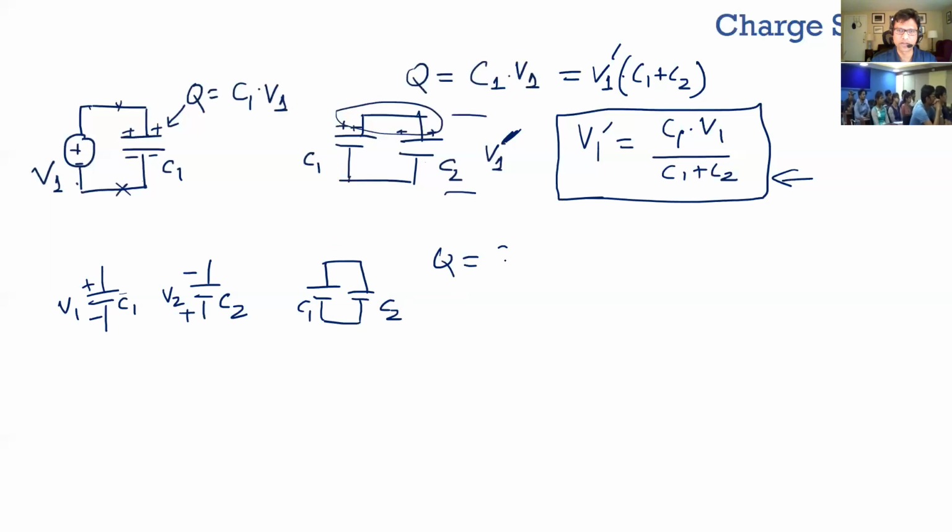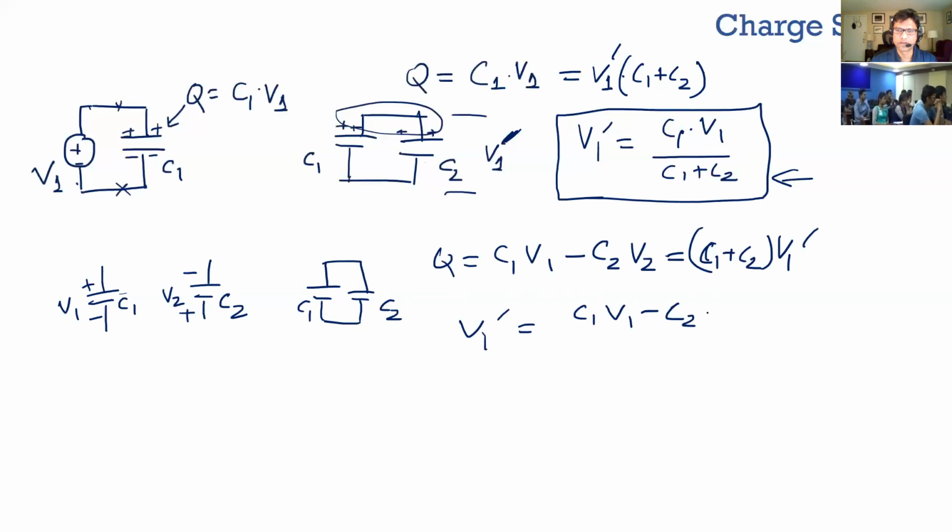Q is C1 V1 minus C2 V2, because it's a negative charge now, and that should equal C1 plus C2 times the new voltage. So V1 dash is equal to C1 V1 minus C2 V2 over the total capacitance, right?